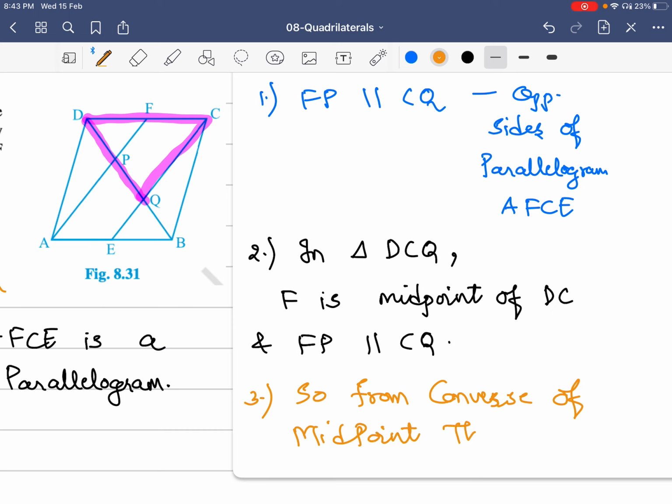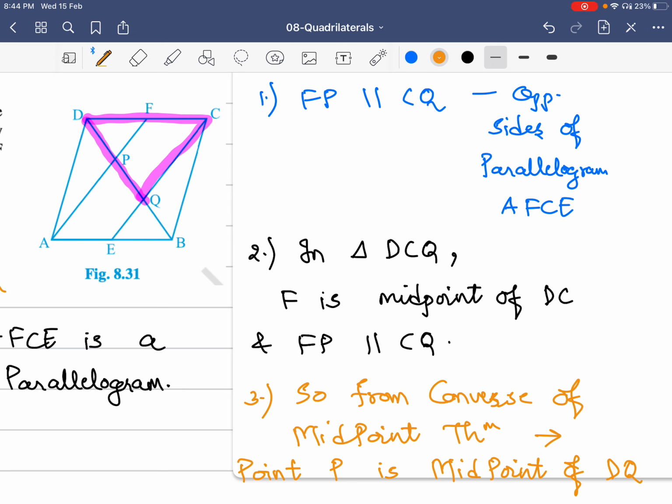It states that if you draw a line from the midpoint of a side parallel to the third side, then it will also touch the other side at its midpoint. So for this line DQ, P is the midpoint. From the converse of the midpoint theorem, we can say point P is the midpoint of DQ.